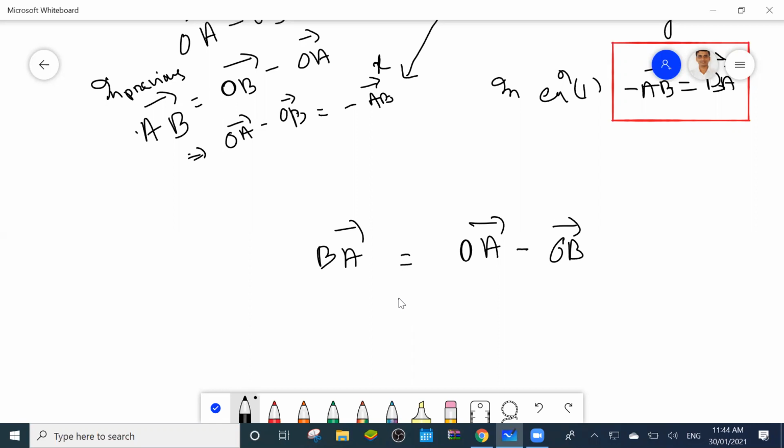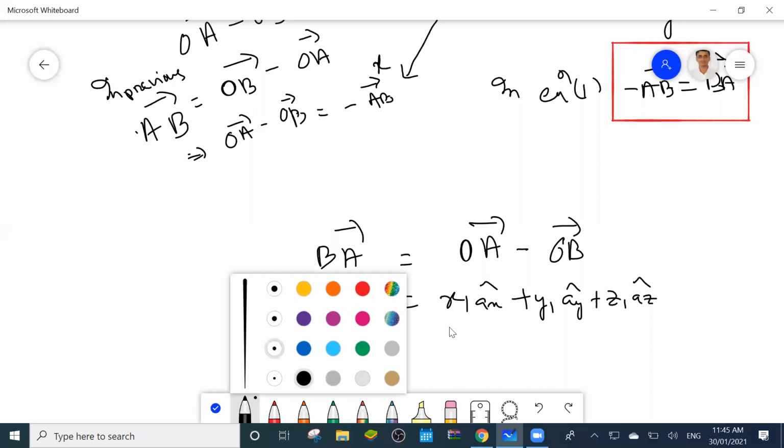The OA value you know, the position vector of point A. That value is x1 ax cap plus y1 ay cap plus z1 az cap.